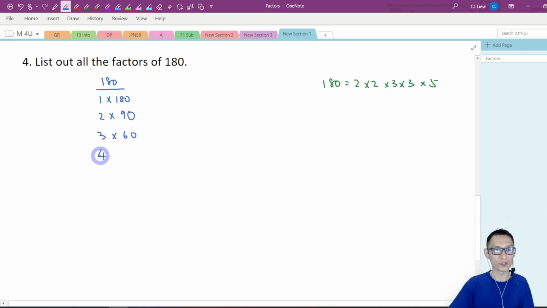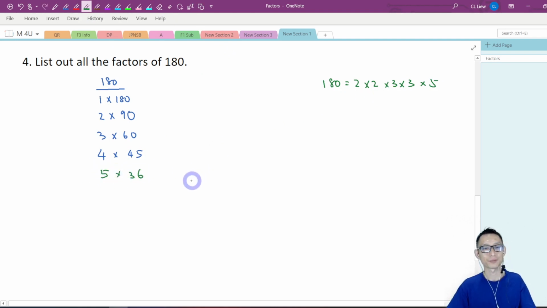How do I know 4 is yes? 2 times 2 is equal to 4. 4 times 45. Then 5, yes, 5 times 36. How about 6? Yes. How do I know 6 is yes? Because 2 times 3 will give you 6.